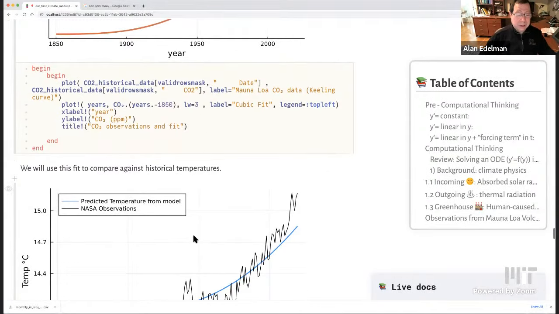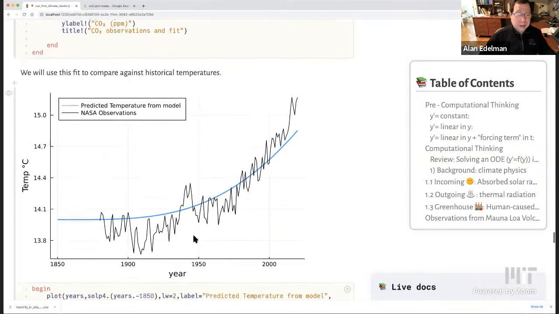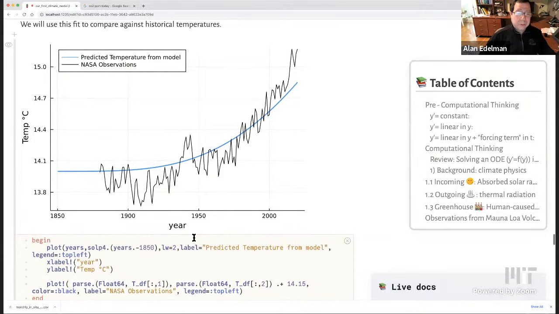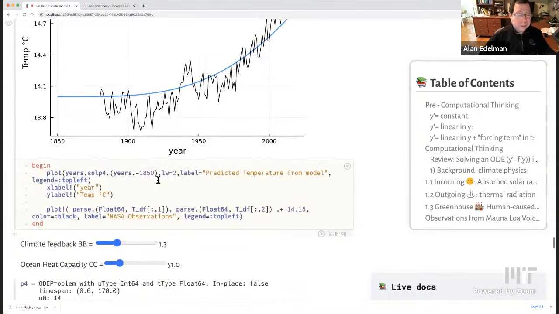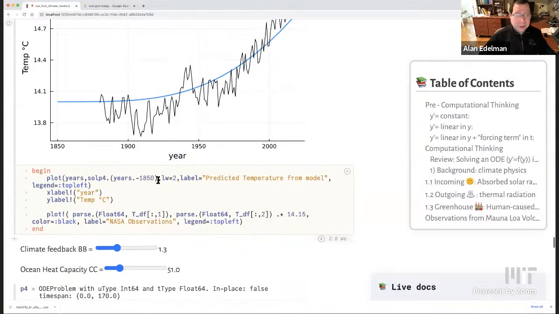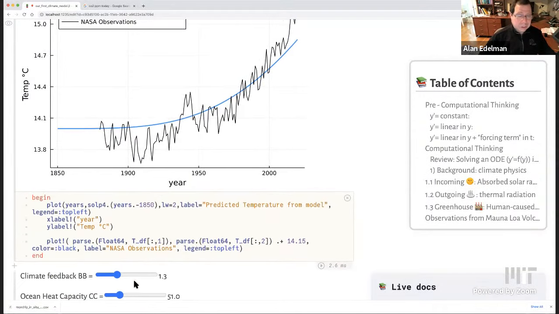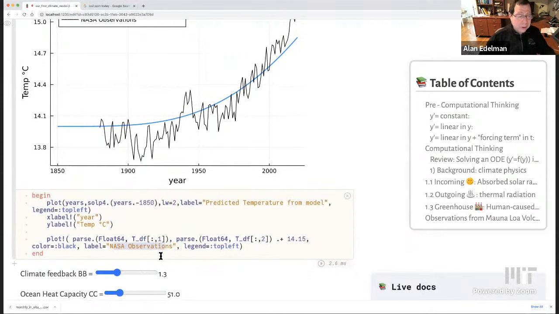Now I've got some other data, which is the actual average temperature of the Earth, real measurements of the average temperature of the Earth. This data is these NASA observations, which also came from another file.